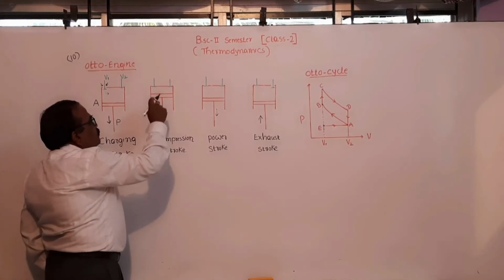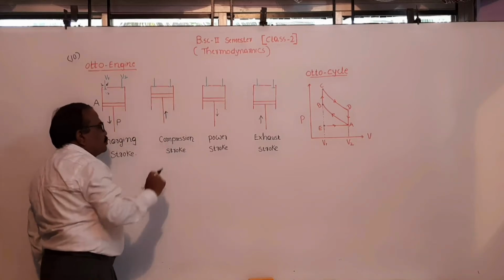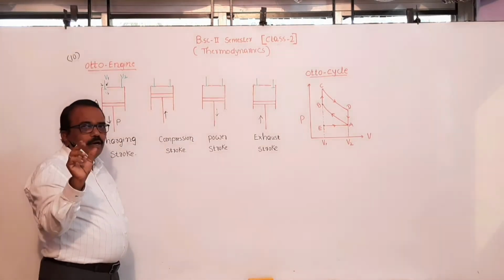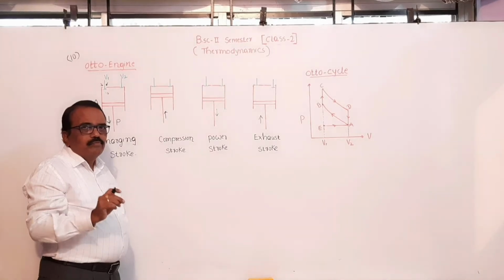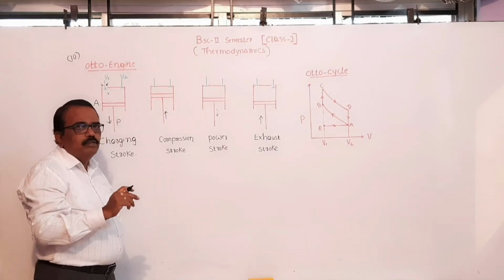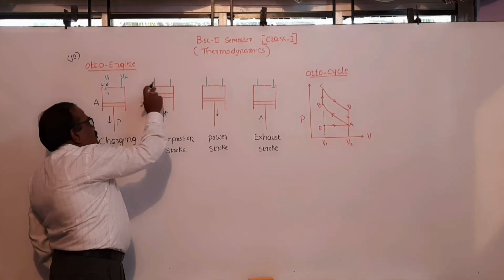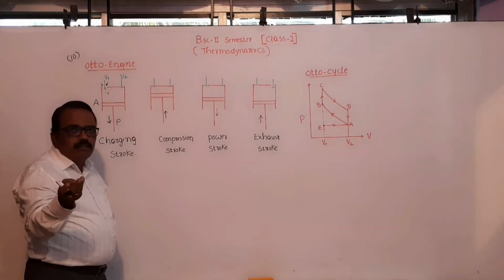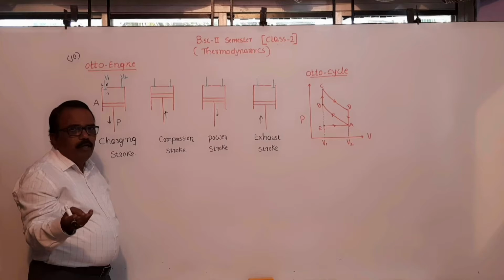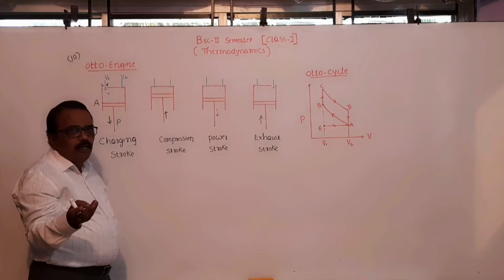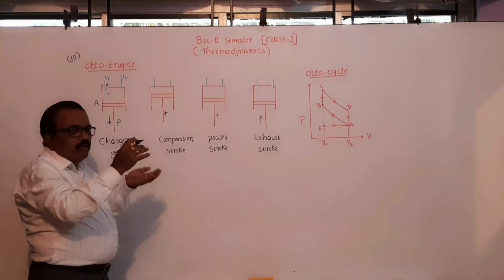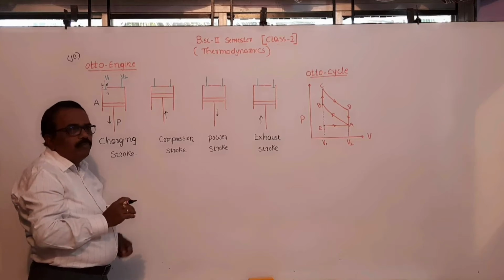At the end of this compression stroke, a spark is produced. As the spark is produced, the petrol vapor and atmospheric air get mixed thoroughly.